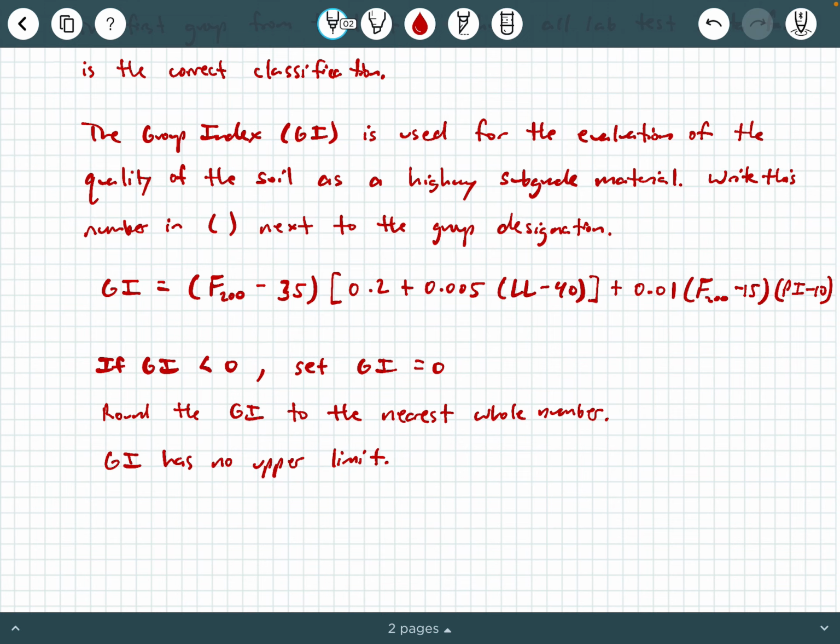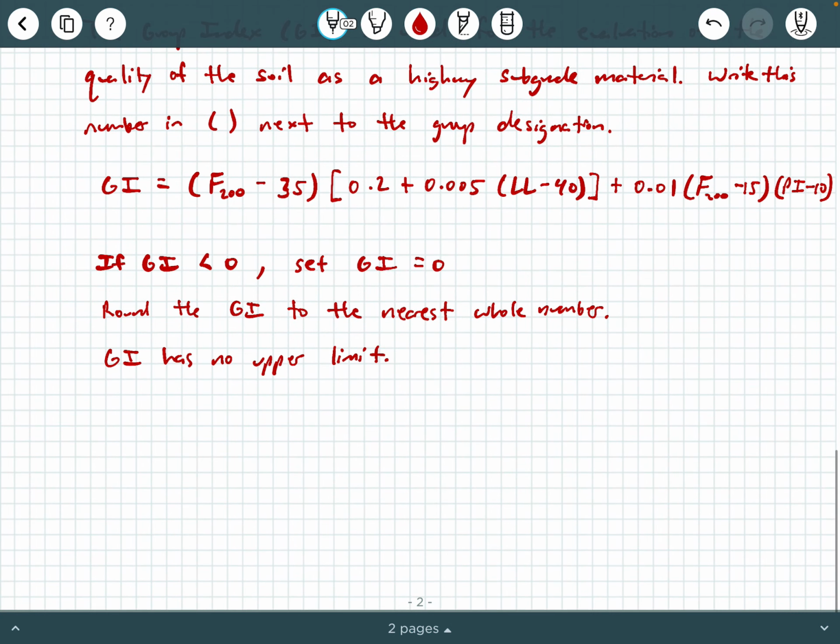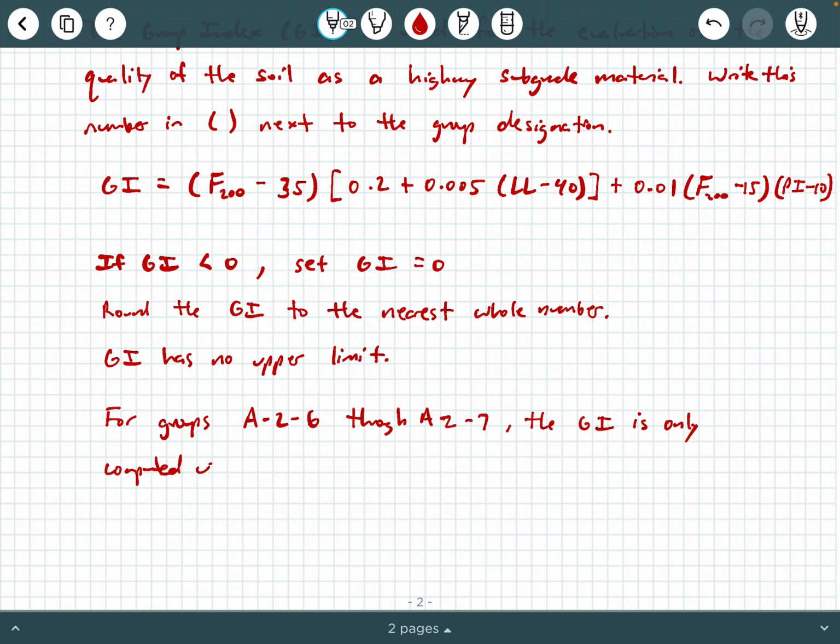Okay. And then for groups A-2-6 through A-2-7, the GI is only computed using the second term, okay?